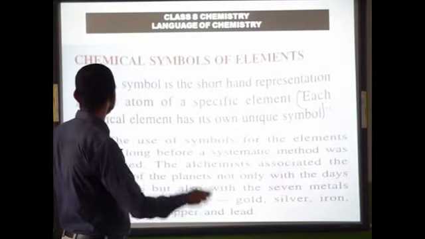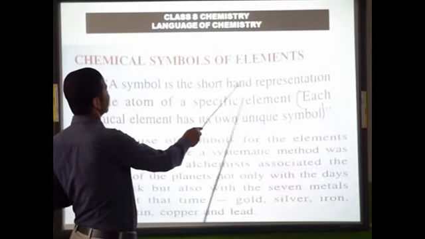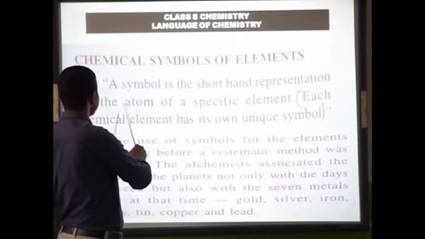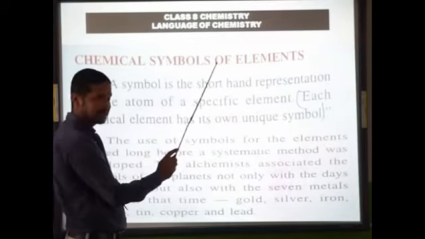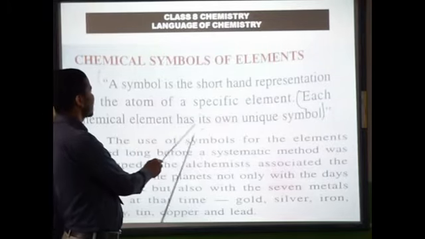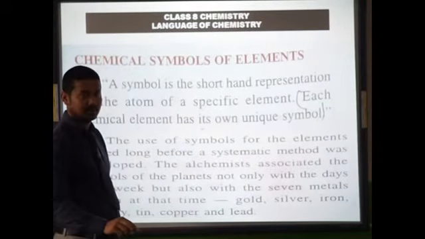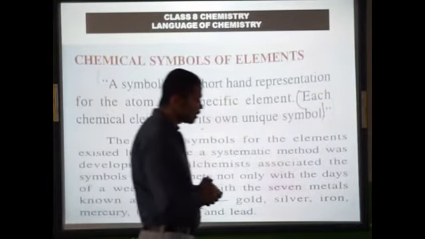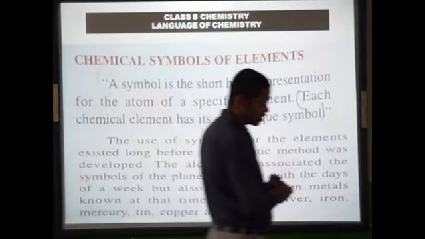So, what is a symbol? A symbol is the shorthand representation for the atom of a specific element. Each chemical element has its own unique symbol. In short, you can say a symbol is the short name of an element.